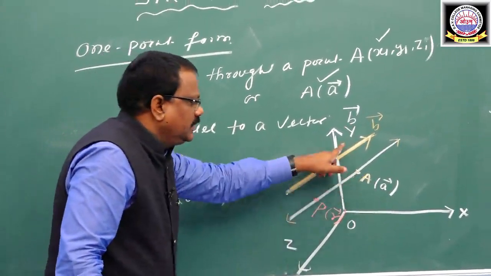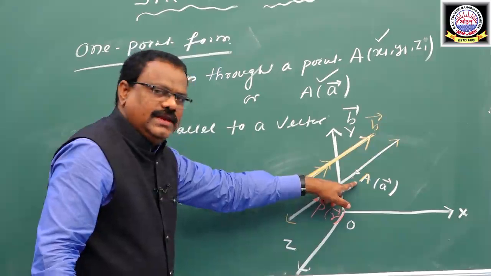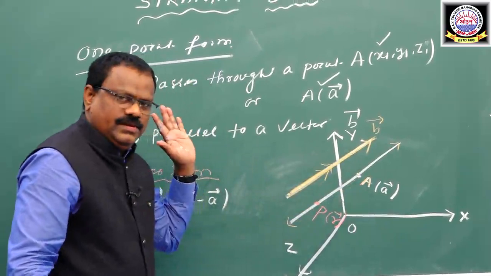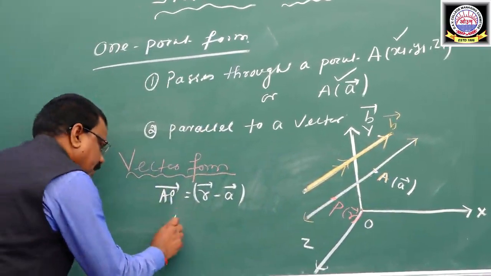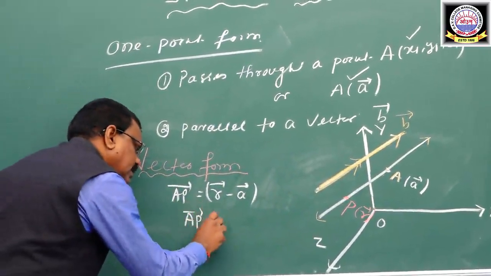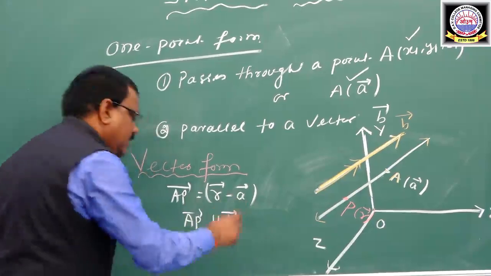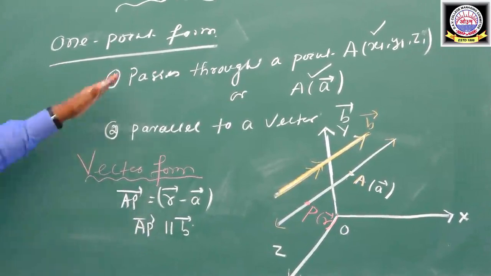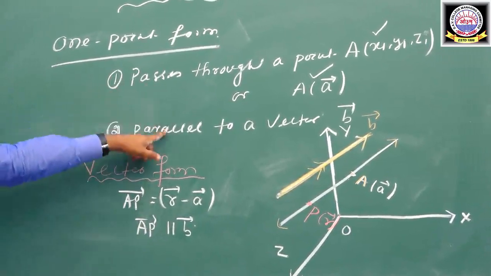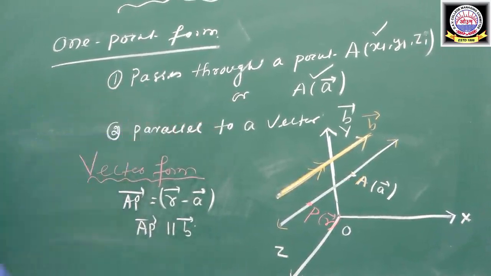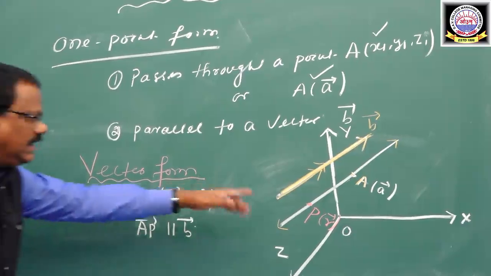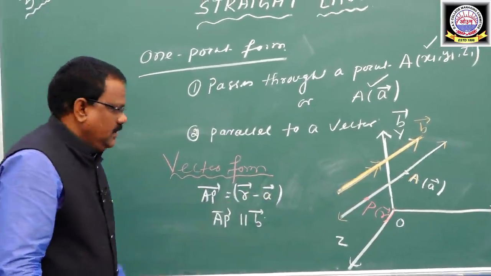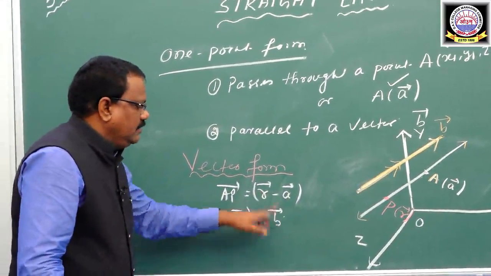And if B vector is parallel to the line, obviously B vector will be parallel to the AP vector. So I can say AP vector is parallel to B vector. Yes or no? The condition was given: the line is parallel to the given vector B vector. On the line, AP is a vector, that is R minus A, and AP vector is parallel to B vector.